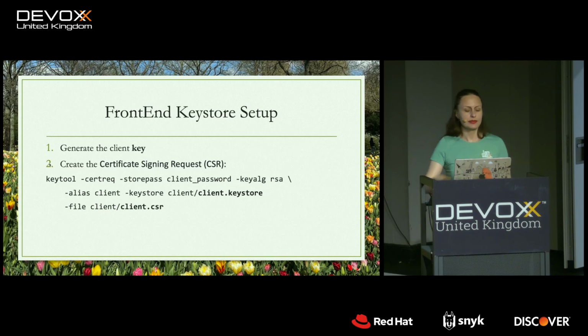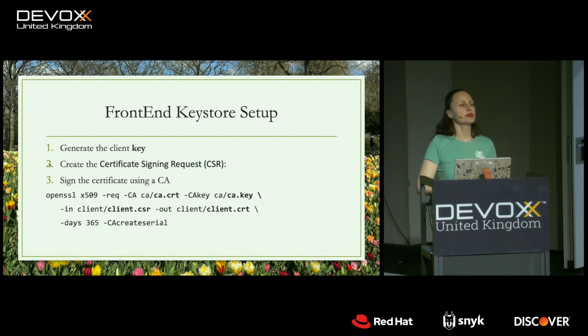Once I did this, I've generated my CSR for the client key store. I can go and sign the certificate for my client, the one that I'm going to use for my key store. And you can see here that I'm using ca.crt, the certificate of my certificate authority, and the key of my certificate authority, and of course the previously created certificate signing request to generate a client.crt.